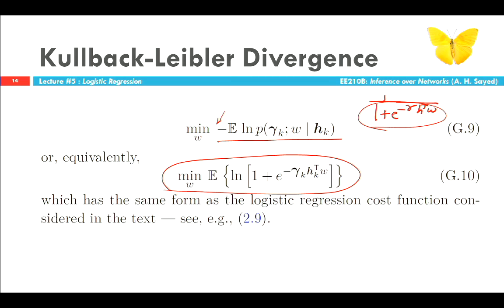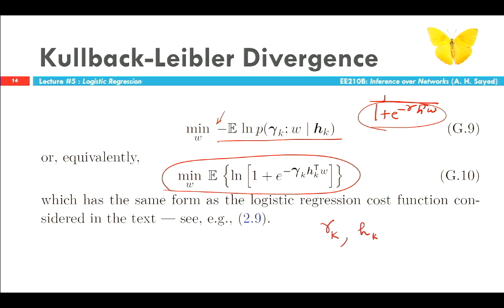So what this argument shows is the following. If you have data gamma k, h k, many feature vectors belonging to different classes, and you would like to determine a learner parameterized by a vector omega, such that when I give you a new feature vector, you can use that omega to tell me whether it belongs to this class or that class, this is how logistic regression does it.